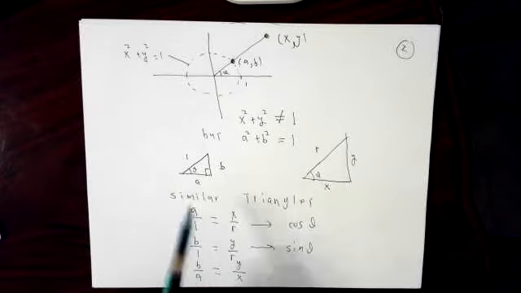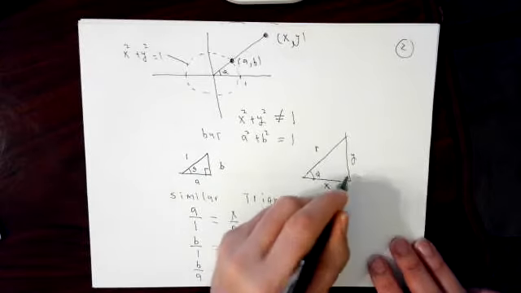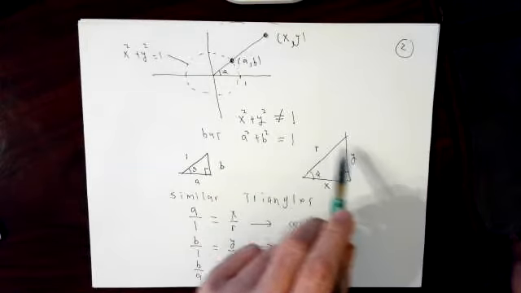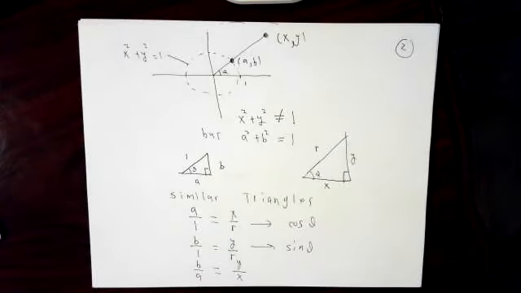These two triangles are what are called similar triangles. They both have a right angle in them. They both have angle theta, so the remaining angle has to be the same. In similar triangles, ratios of corresponding sides are equal to each other.